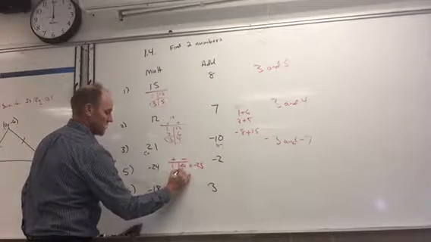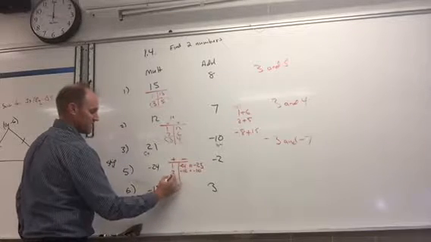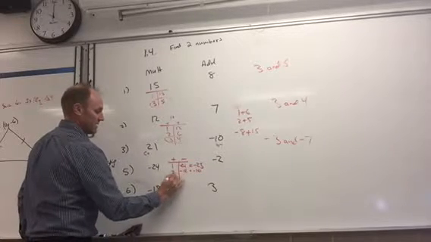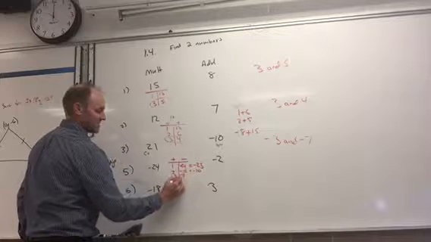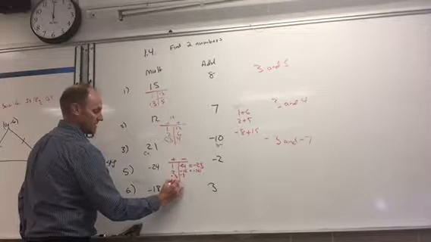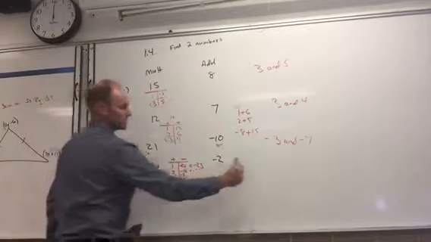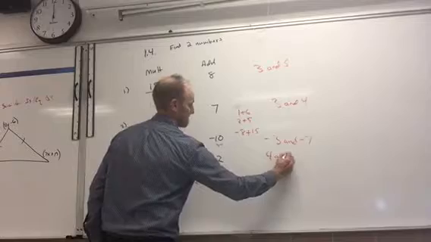This would be 2 and -12, and positive 3 and -8, that ends up to be -5. 4 and -6, there's the one that adds up to be -2.